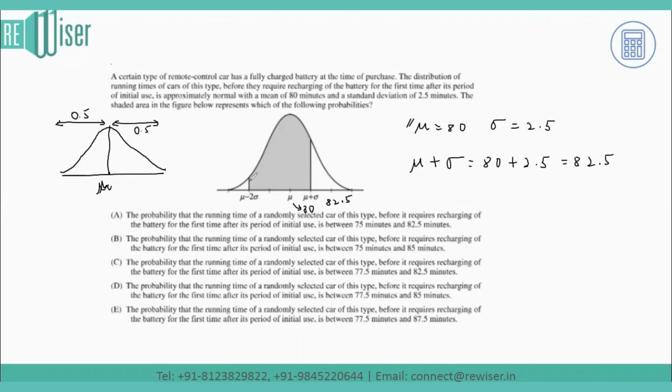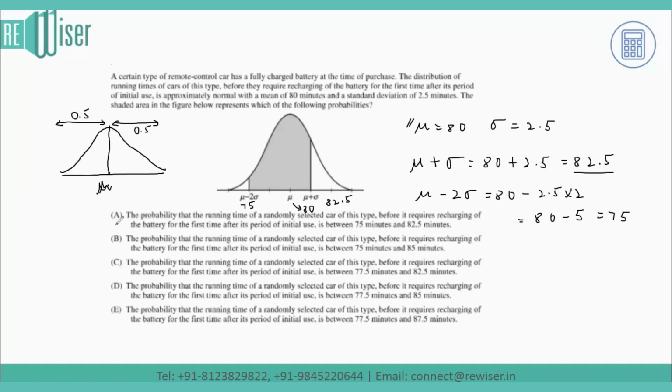So if I'm looking for the value of mu minus 2 sigma, that means mean minus twice the standard deviation. So the value is 80 minus 2.5 into 2, which we can write as 80 minus 5, which equals 75 minutes. So the two values for the extreme ends, mu minus 2 sigma and mu plus sigma: for mu plus sigma, we got 82.5, and for mu minus 2 sigma, we got 75.